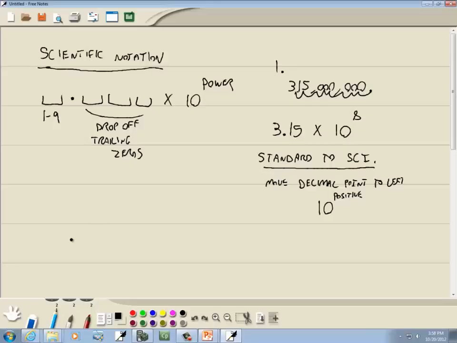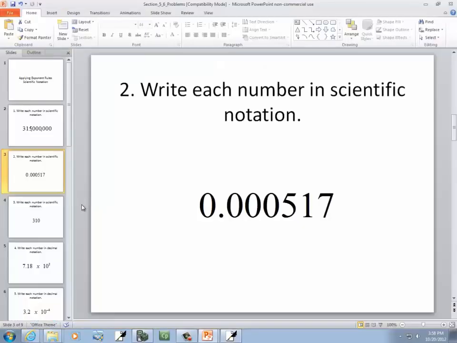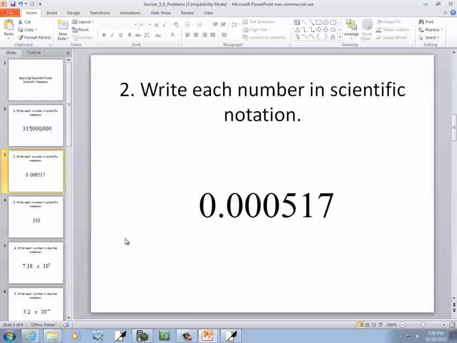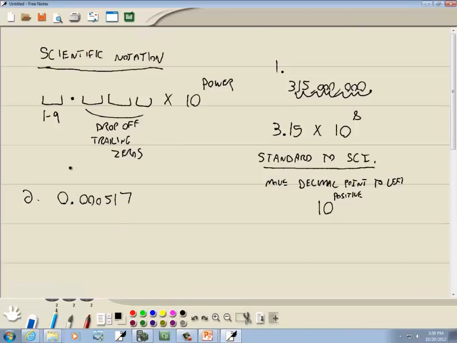Let's look at another example. This is going the other way. So we got 0.00023517. Okay, now we want our first digit to be between 1 and 9. So I'm going to move my decimal point to the right until I get that. So move 1, 2, 3, 4 places.